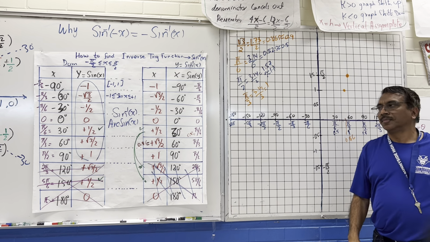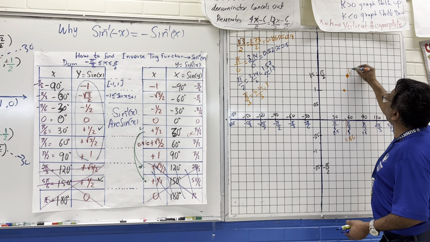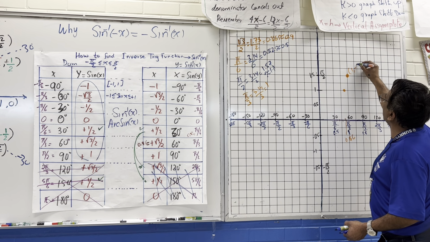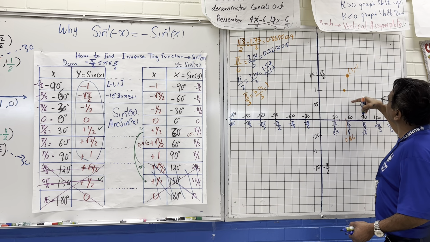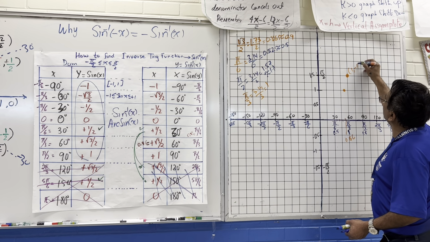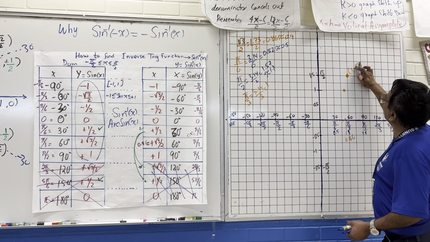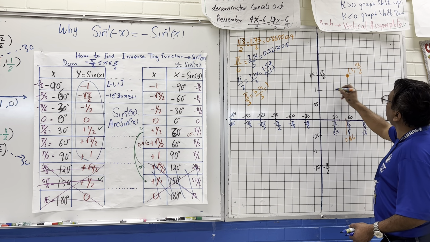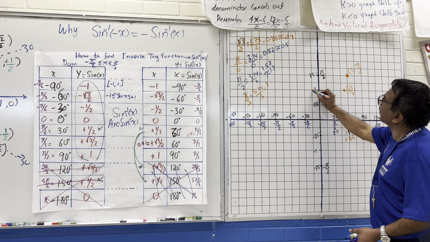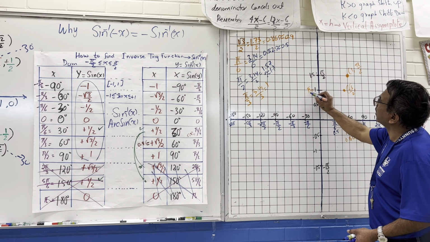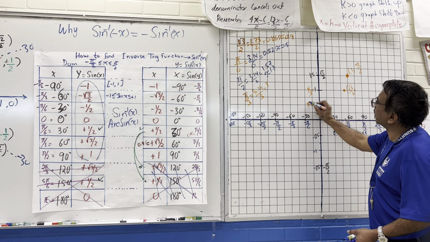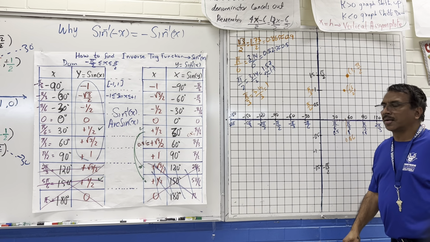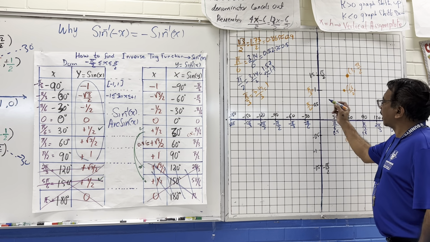Again, I repeat, this 1 is plus pi by 2. This one is √3 by 2, which is pi by 3, and this is pi by 6, almost equal.